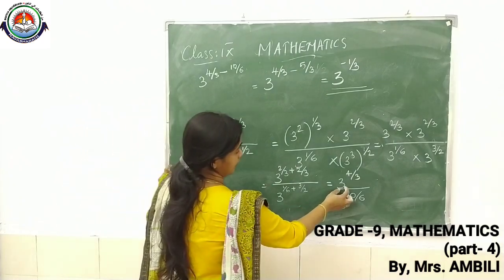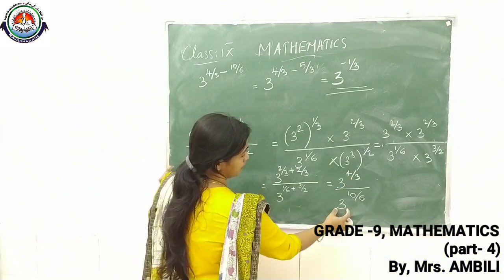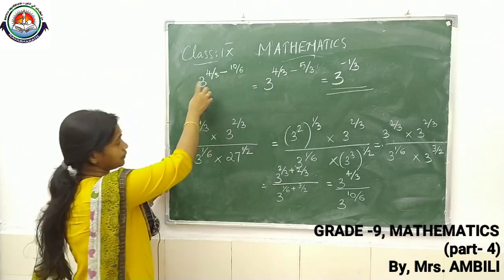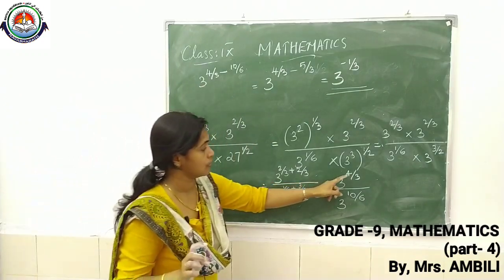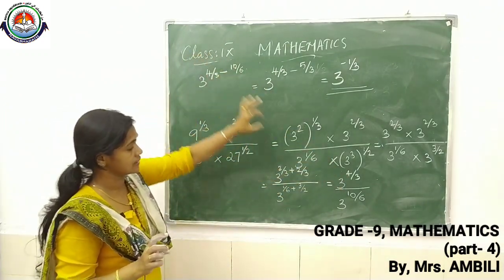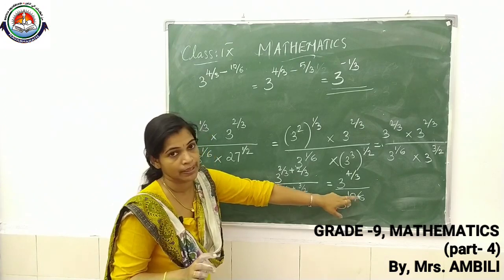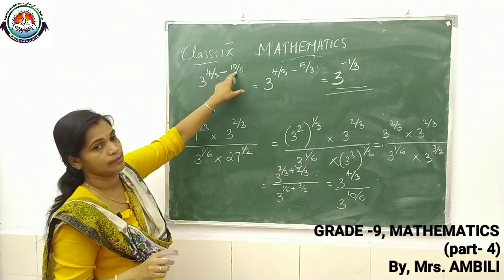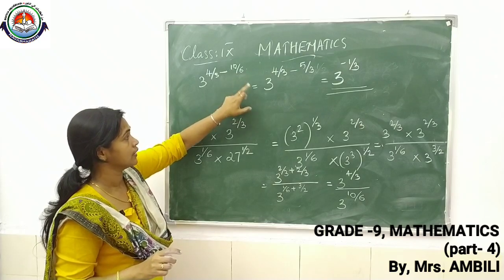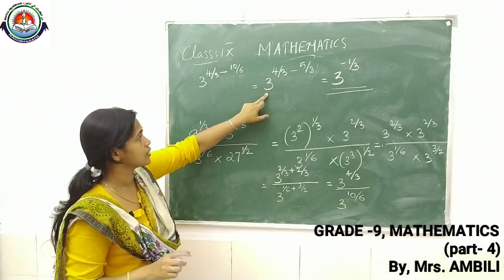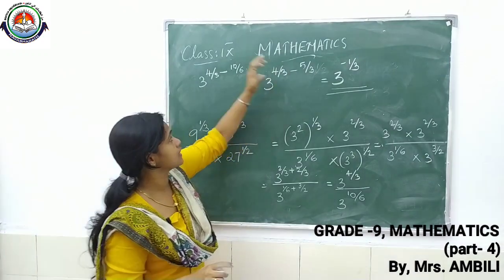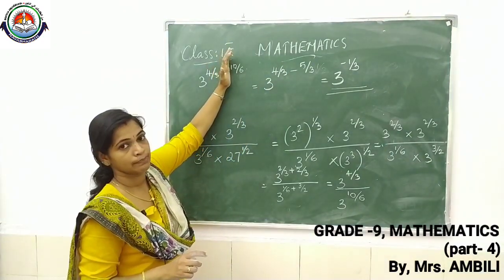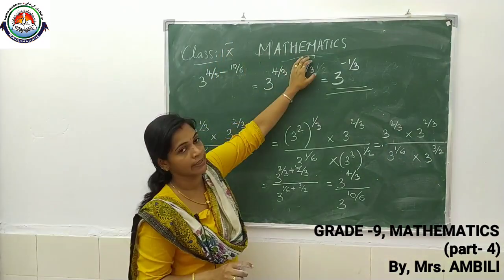So, what is next step? 3 raised to 4 by 3 by 3 raised to 10 by 6. Here, that is 3 raised to 4 by 3 minus 10 by 6. Clear? That is equal to 3 raised to 4 by 3 minus 10 by 6. 10 by 6 we can change into 5 by 3.